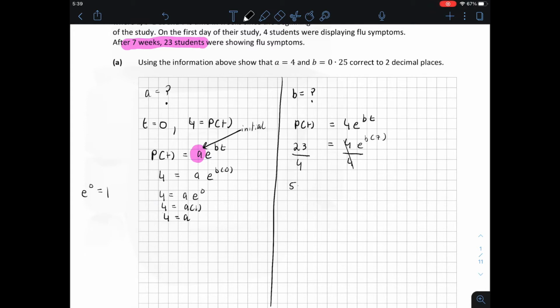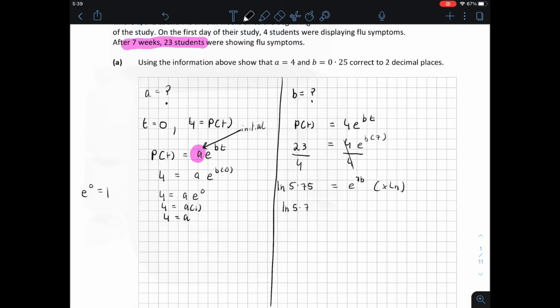When we're solving for exponents, we always divide out the number in front of the exponent first. That gives us 5.75 equals e to the power of 7b. To solve for an exponent value, we need to convert the exponent into log. So here we're going to multiply both sides by ln. ln is log base e.